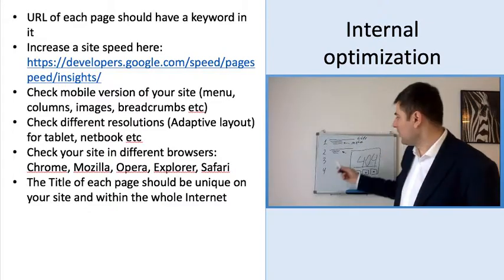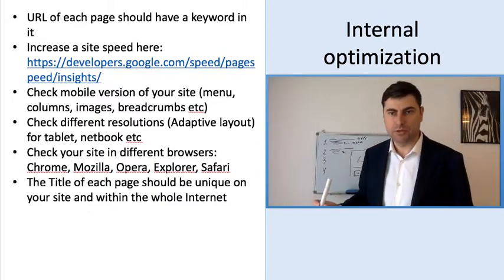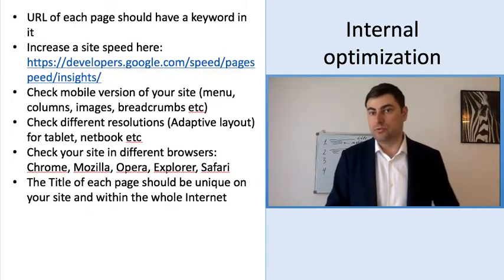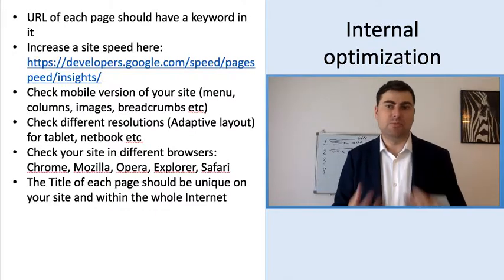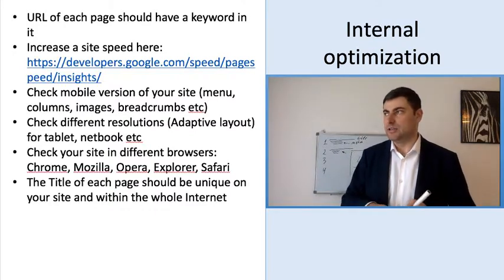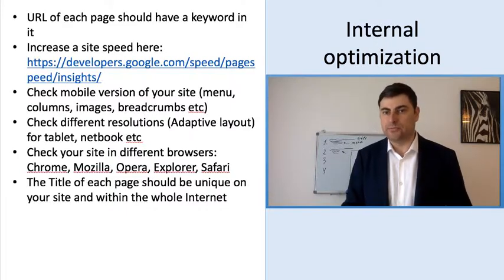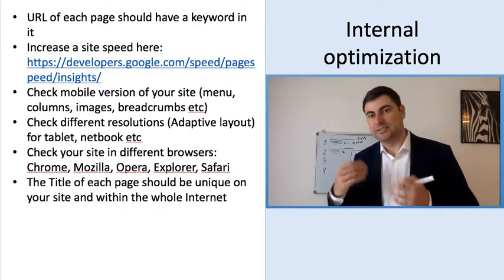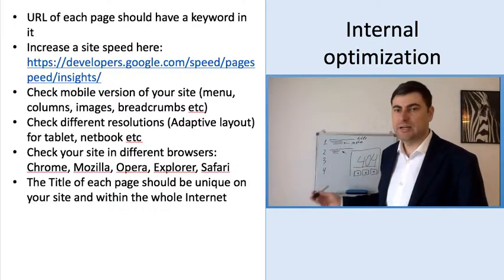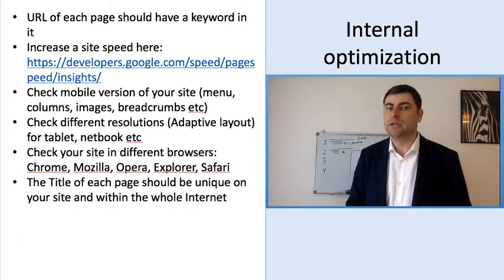Then check your website in different browsers, because you may think, okay, I'm using Google Chrome, so anybody else in this world should use Google Chrome as well. But you've forgotten about other browsers, and there is a difference in how websites are shown in different web browsers.